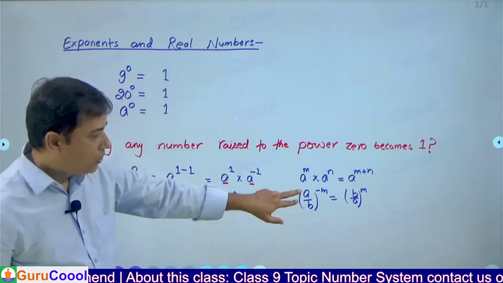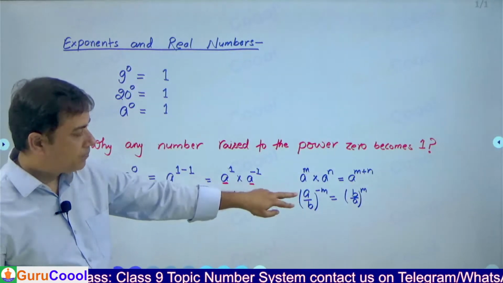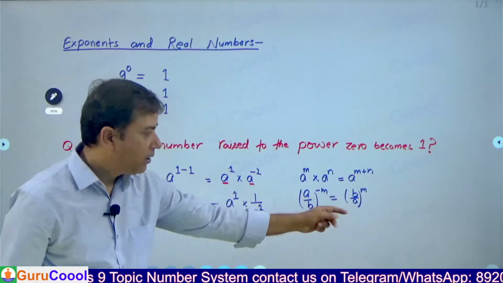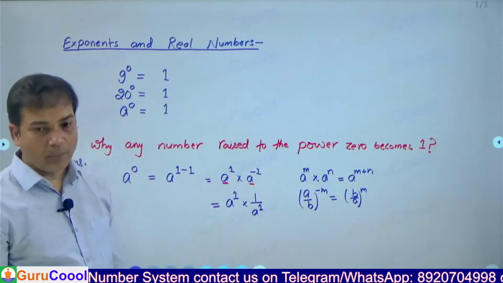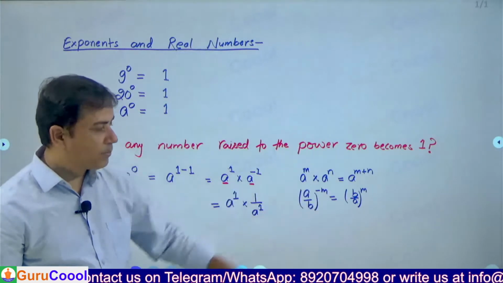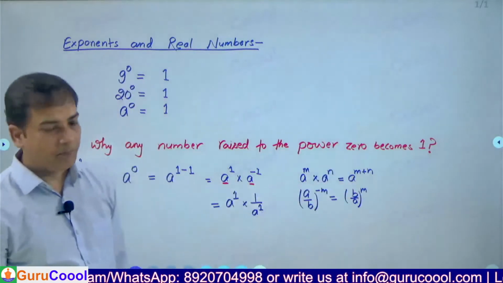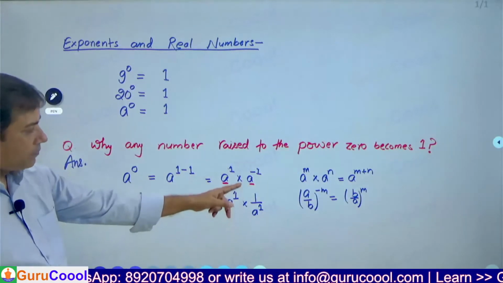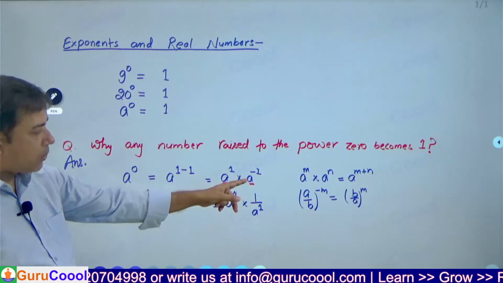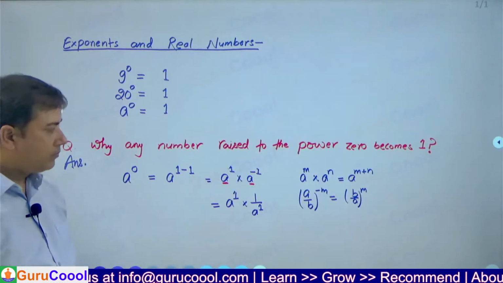If you switch numerator and denominator, a by b becomes b by a, and the power changes sign. Minus m becomes plus m, or if it is plus m already, it becomes minus m. So I did that. a becomes the reciprocal 1 by a and the power became positive.